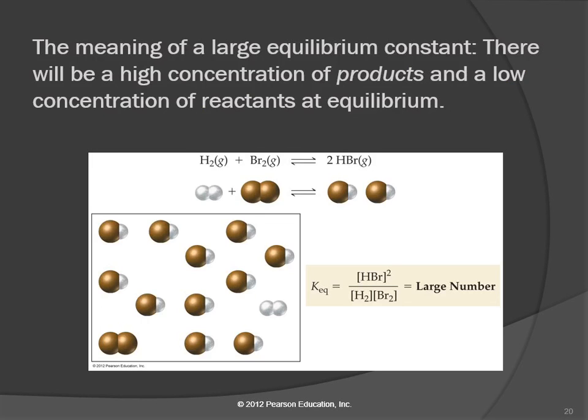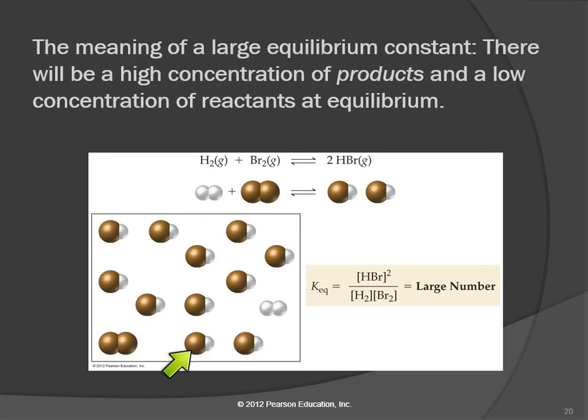So here's the same explanation with pictures. So here's the equation, the chemical equation. Here's a picture of what this might look like at equilibrium. If KEQ is a large number, that means there's a lot of product and there's very little reactant.